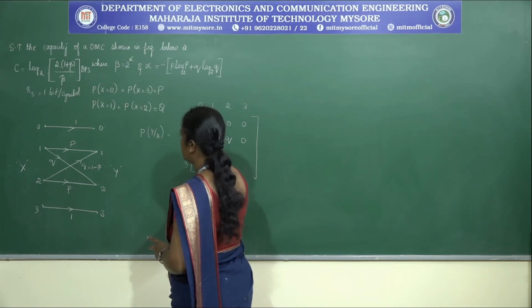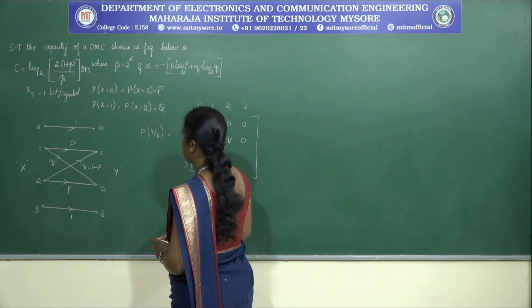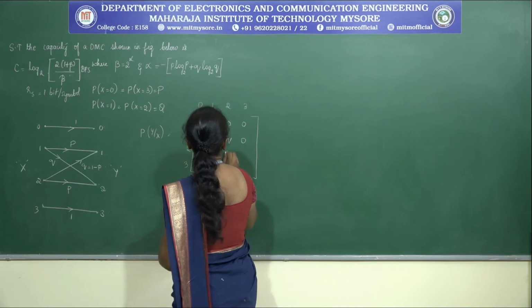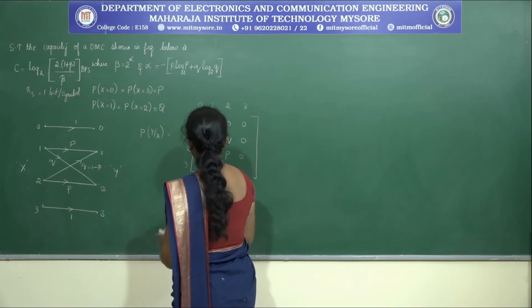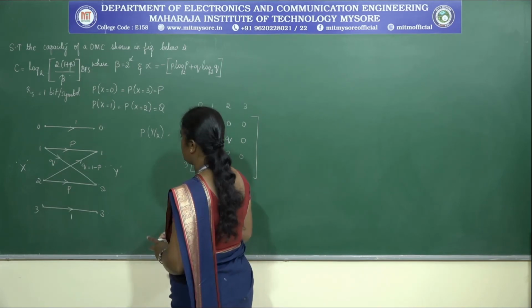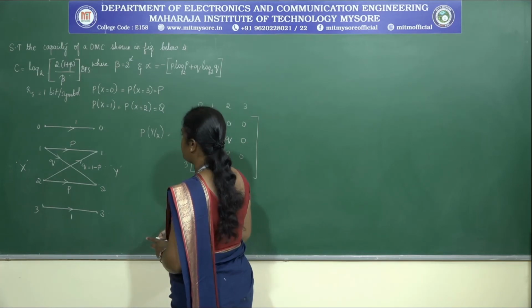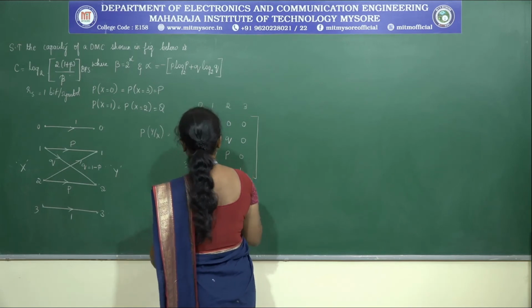Similarly, from 0 to 2 it is 0. From 1 to 2 we have Q, and from 2 to 2 it is P, and from 3 to 2 it is 0. From 3 to 0 it is also 0, from 3 to 1 it is also 0, and from 3 to 3 we have only 1.